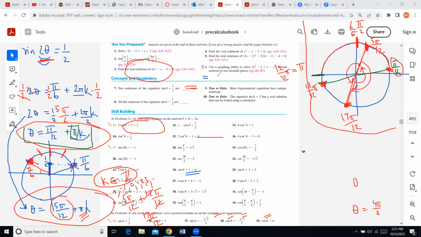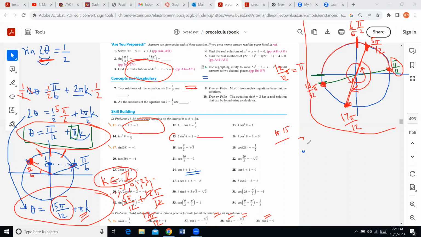So let me try another one with the sines and cosines. Maybe I can do problem number 15 that has a square for a change. So let me see how we can do 15. And again, our goal is to isolate function sine that appears here.